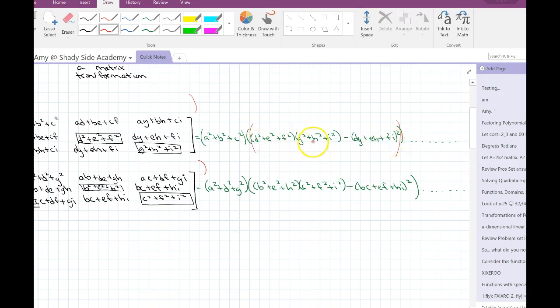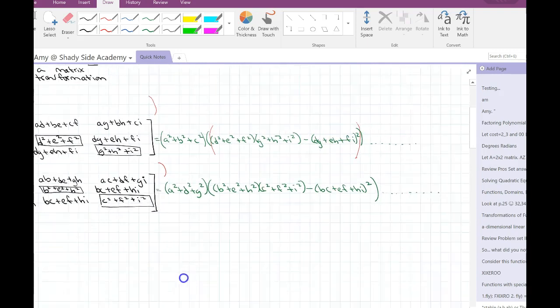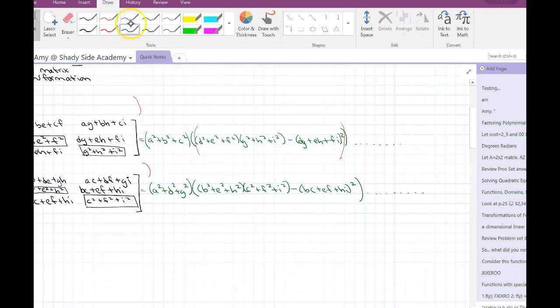But if I just look at this for a second, I notice a couple of things. Maybe you'll think to yourself, I know the d squared g squareds cancel out, but maybe you'll go over here and do some number playing. Let me go up here and write this out.